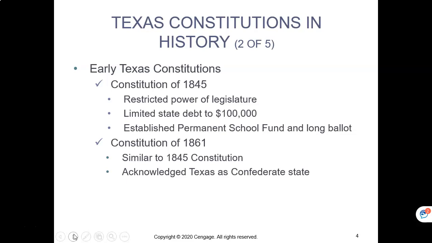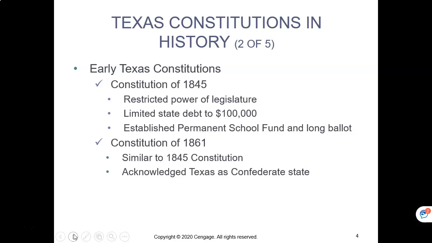So they got rid of their currency because remember the United States Constitution says you can't coin your own money. They got rid of their military and had a new constitution in 1845.